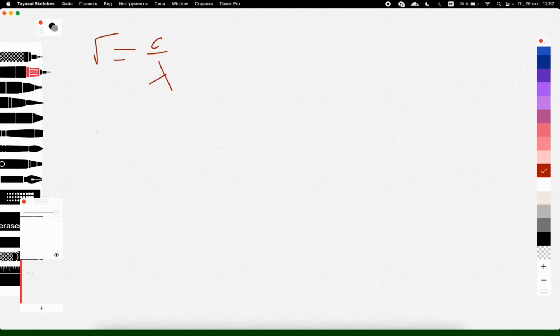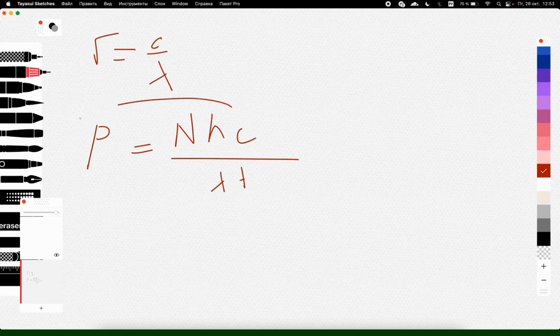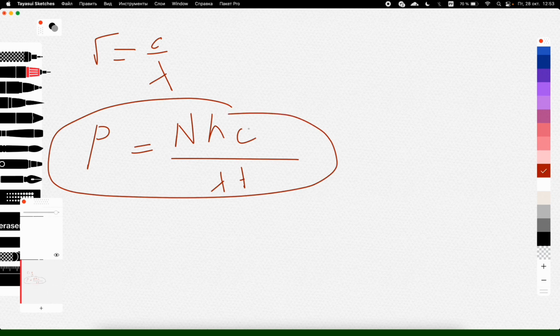Then we obtain P equals n h c divided by lambda t. From this formula we express the desired number of photons: n equals P lambda t divided by h c. And let's calculate this.